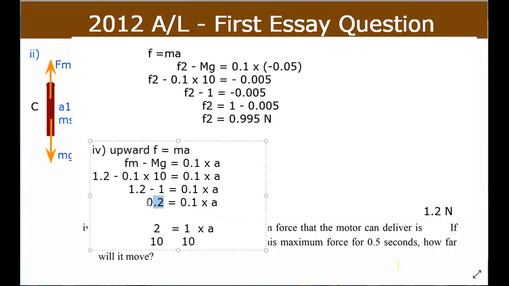I have written 0.2 as 2 divided by 10 and 0.1 as 1 divided by 10. So then what will happen? This 10 and this 10 cancel out. Finally, you will obtain that A equals 2. Only 2 will be there, 2 meters per square second.